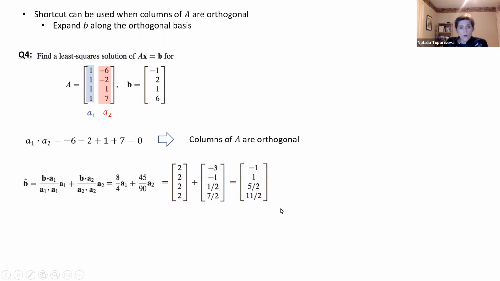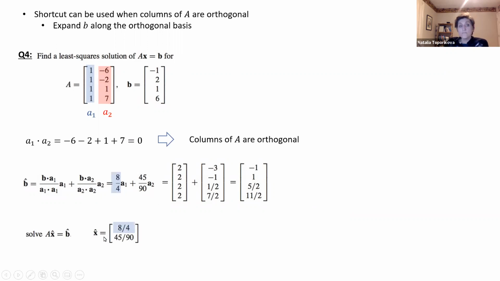Okay, so now that we have our right-hand side vector B hat, we can just solve our matrix equation. Because we have already expanded by the basis, the solution is really easy to find.